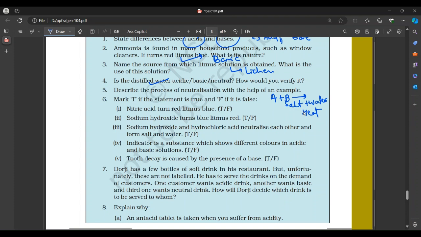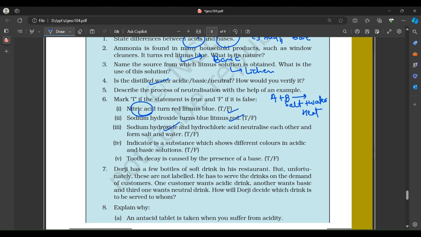Now mark true or false. Nitric acid turns red litmus blue. False. Nitric acid is acidic, so it should turn blue litmus to red. Sodium hydroxide turns blue litmus red. Sodium hydroxide and hydrochloric acid neutralize each other and form salt and water.